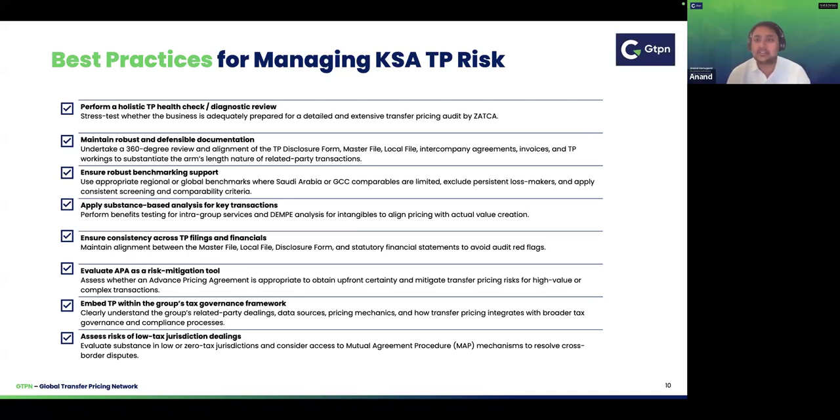It's with the owners, it's with the C-level executives. It's one of the hot topics, and that gives you an idea of how important it is and how it integrates with the broader governance and compliance. And then finally, looking at transactions with low-tax jurisdictions, and considering a MAP here.